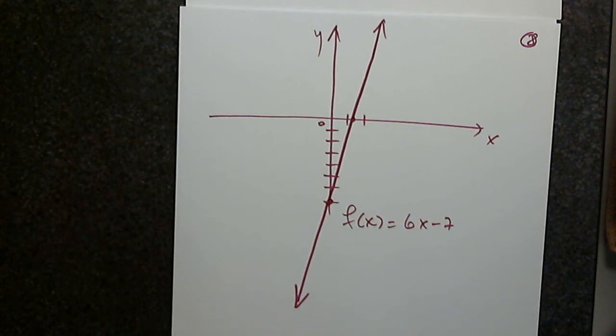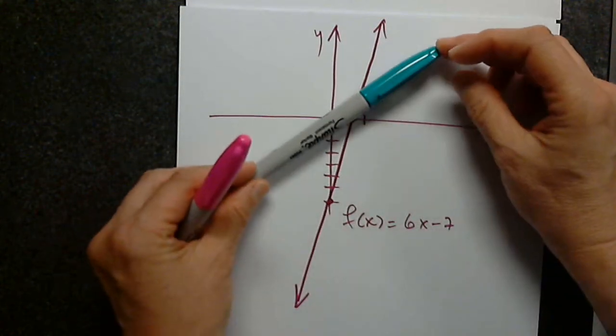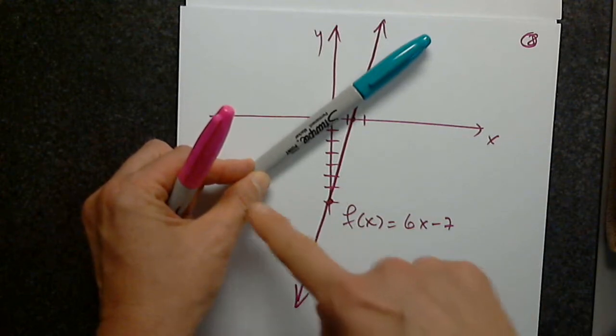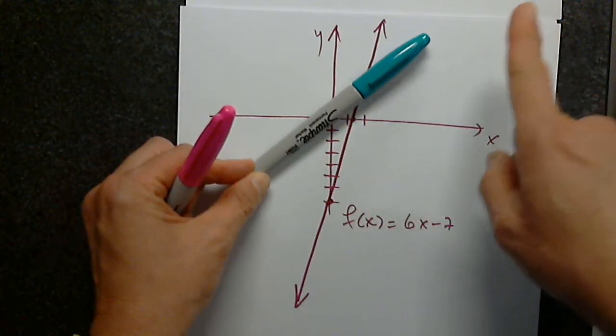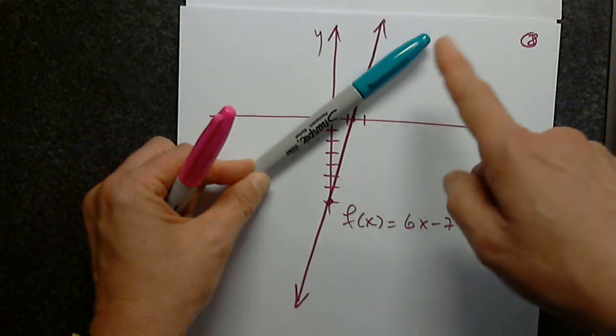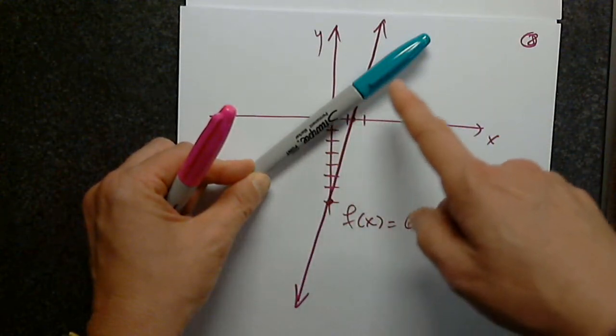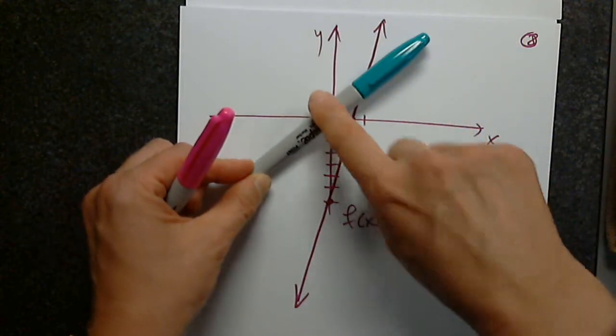What do I have to graph next before I graph the inverse function? Something very important. Before I even consider graphing the inverse function, I have to graph another line. What line is this? y equals x.